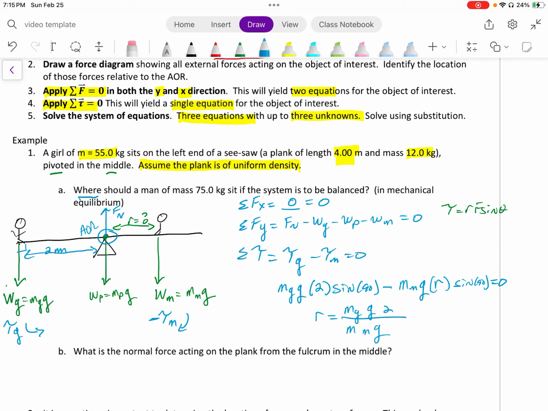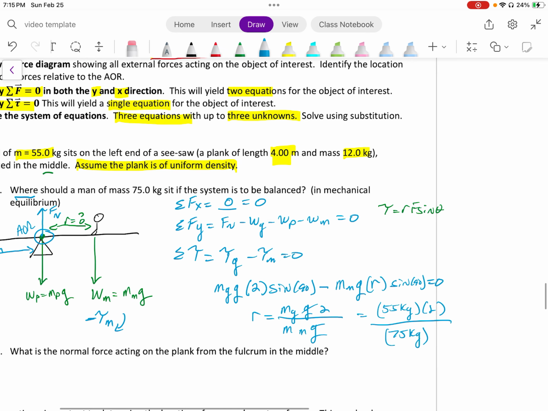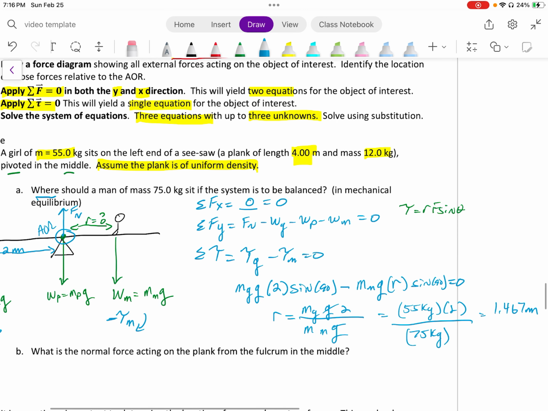So mass or little g cancels, and I basically get mass of the girl, which is 55 kilograms, times 2 divided by mass of the man, which is 75 kilograms, and I will find that to be equal to 1.467 meters.